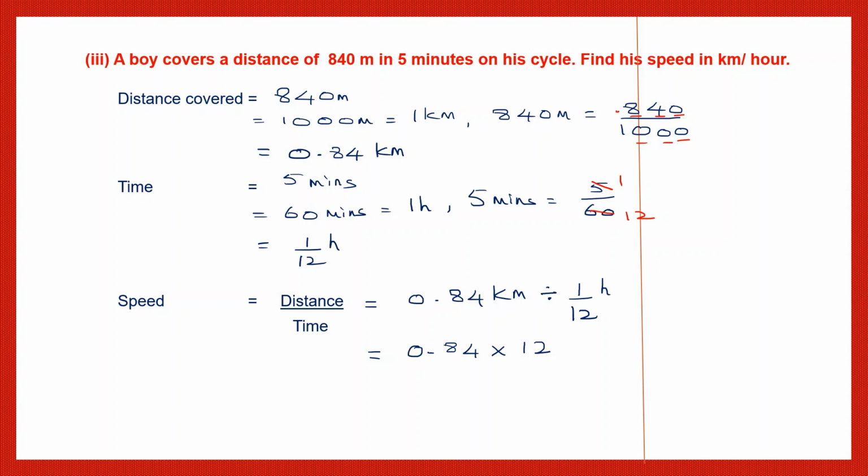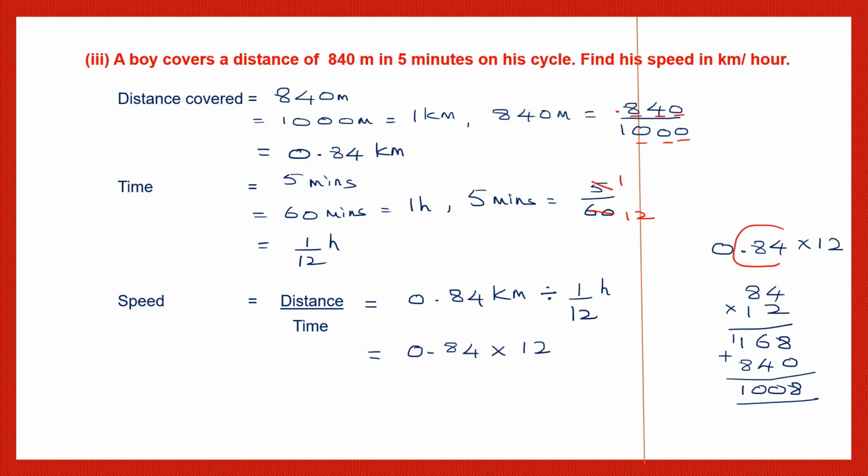So let's do that multiplication. 0.84 into 12. Ignore the point and multiply. 84 into 12. 2 4s are 8. 2 8s are 16. 0. 1 4s are 4. 1 8s are 8 plus. Now let's add it up. 6 plus 4 is 10. 2 plus 8 is 10. So we've got 1008, but let's go back to the question.